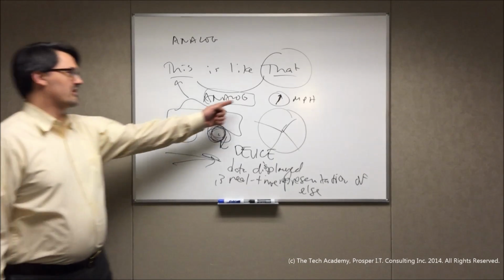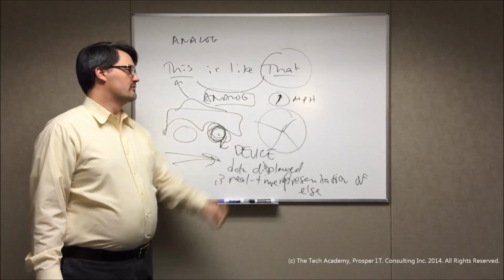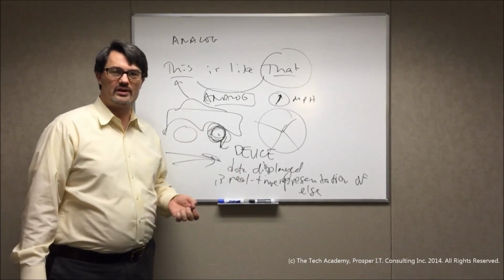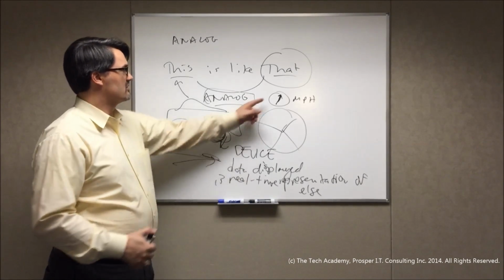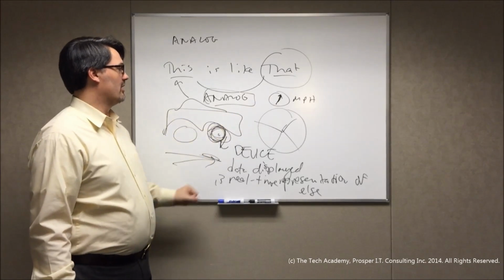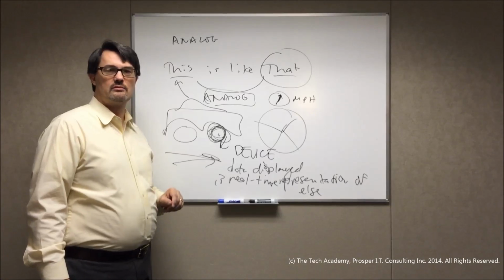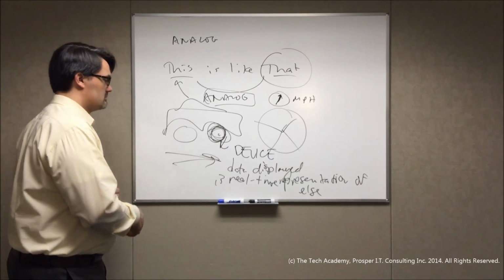And you know this, when you hit the gas, the needle moves because it's a real-time representation of what's actually happening with the wheels. The meter is an analog of the actual physical condition of the wheel.